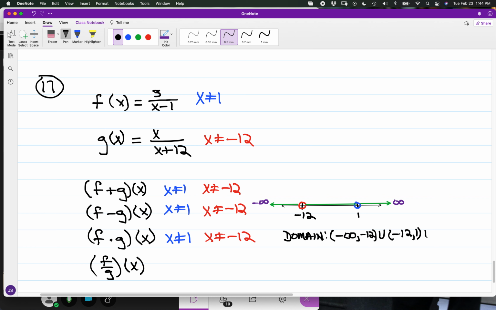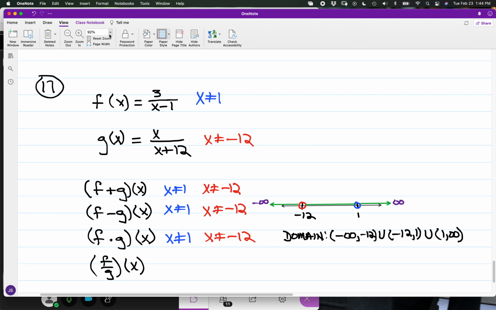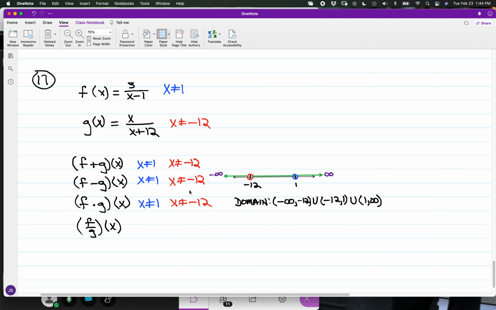And for the rest, those values of x greater than 1. Again, the sum, difference, and product functions have the exact same domain.